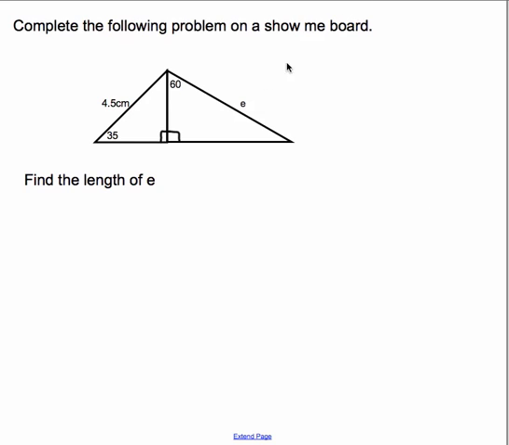It's a two-step problem because first we have to find this side length, and then we can use this triangle to find E. So to find x first, let me write SOHCAHTOA first. So to get x, in this triangle we have opposite and hypotenuse, so we're going to use sine.